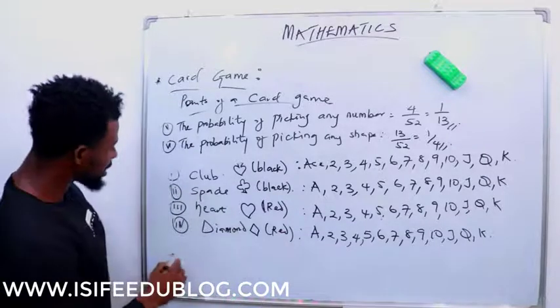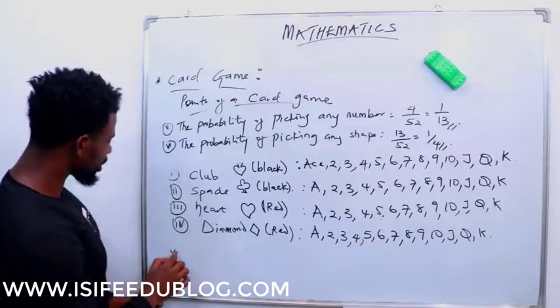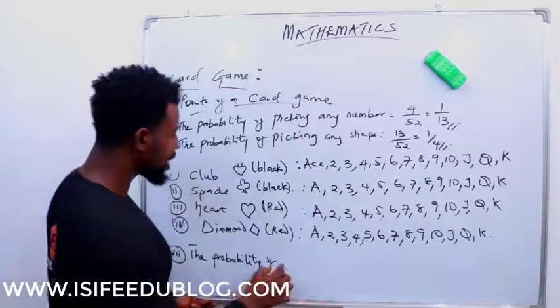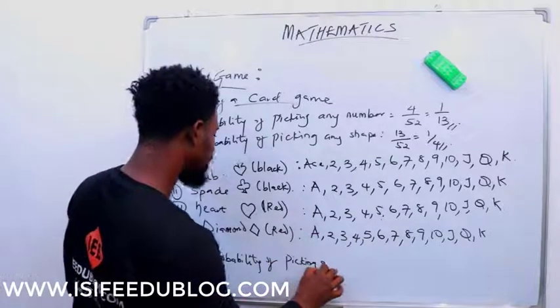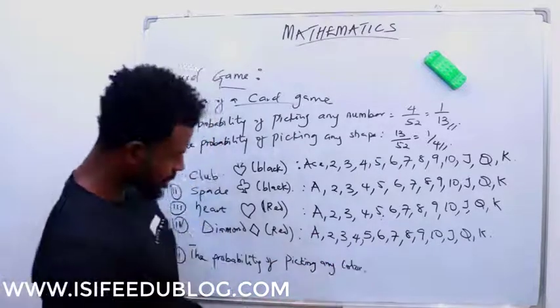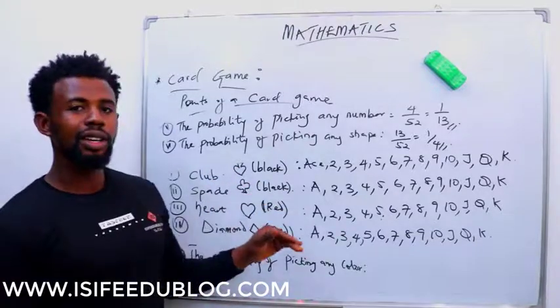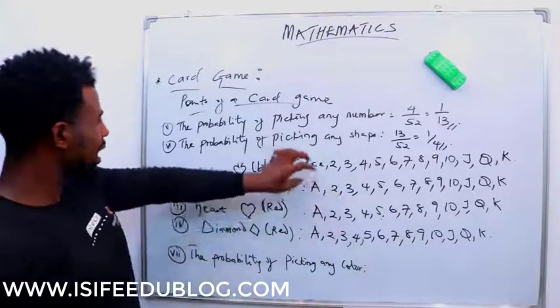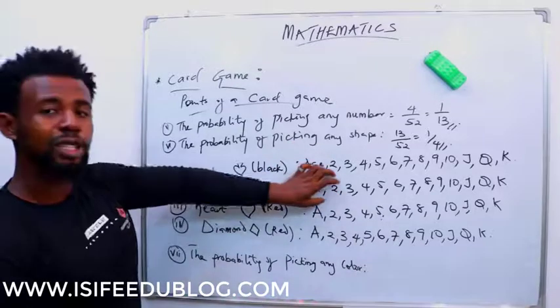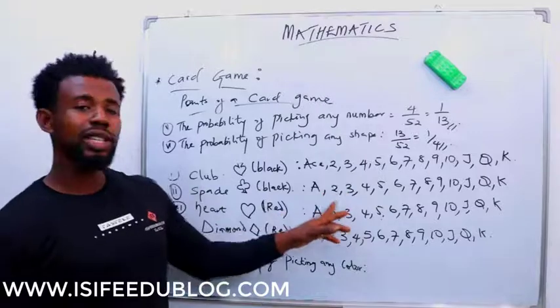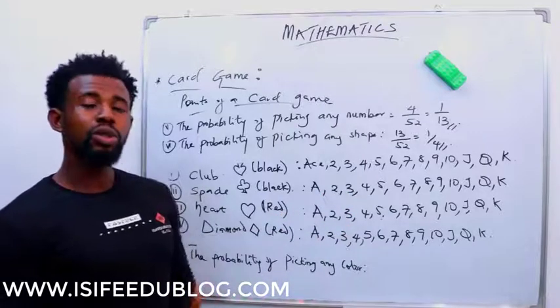So we have the probability. Now our 7th key point on the card game: the probability of picking any color. Now we have just 2 colors, right? Which is black and red. And we know that a club is black and a spade is black. So the total number of black cards we have is 13 plus 13, which is equal to 26.